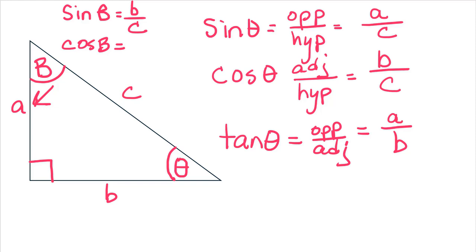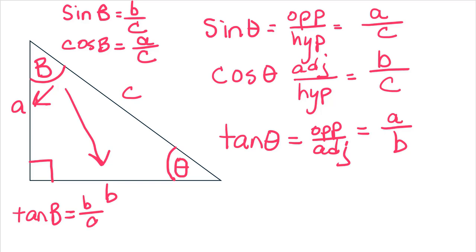So there's your adjacent side. That's going to be A, and your hypotenuse is still C. If you want to find the tangent of angle B, that's going to be opposite over adjacent. The opposite side to big B is little b, and the adjacent side to B is A.